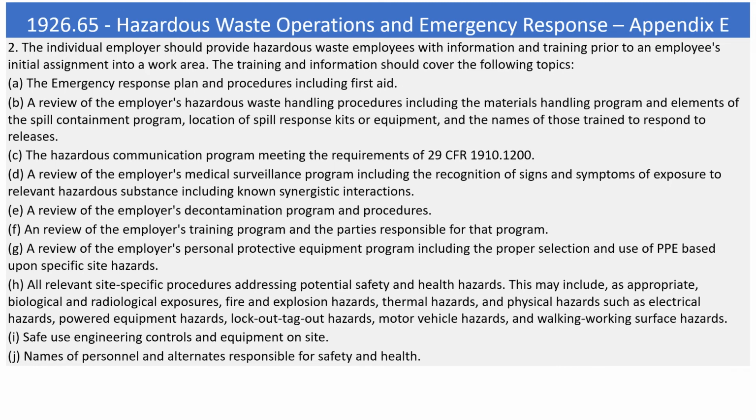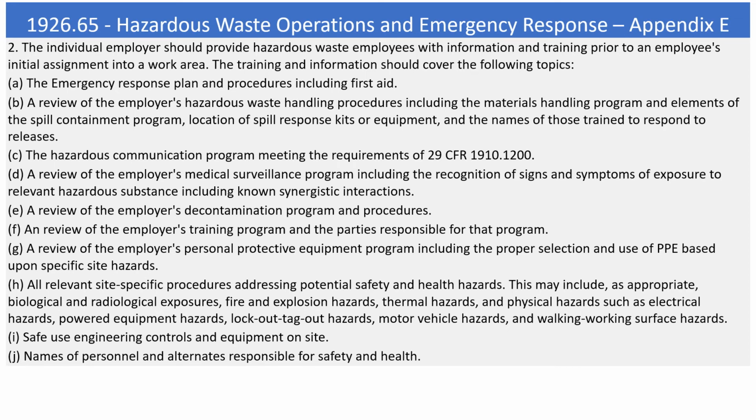C. The hazard communication program meeting the requirements of 29 CFR 1910.1200. D. A review of the employer's medical surveillance program, including the recognition of signs and symptoms of exposure to relevant hazardous substances, including known synergistic interactions.